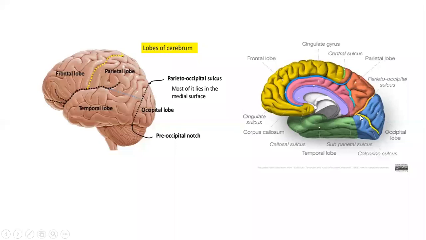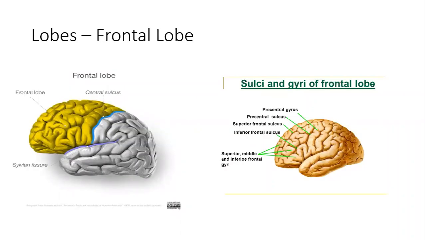And it is shown at its upper end uniting with the parietooccipital sulcus at right angles, then going downward and posteriorly. Both of these sulci are more visible on the medial surface of the cerebral hemisphere. Then we have the last sulcus, which we have here as the lateral sulcus.